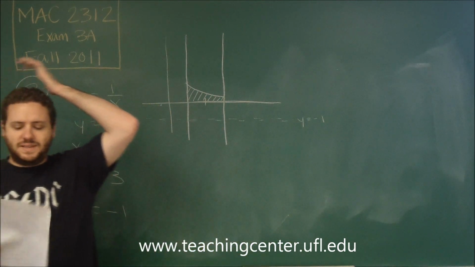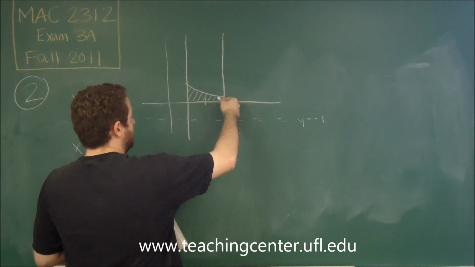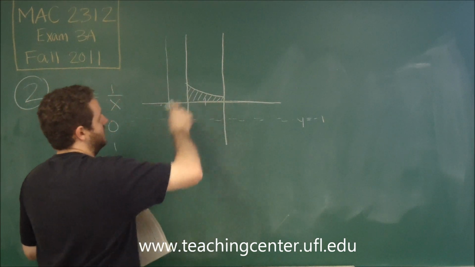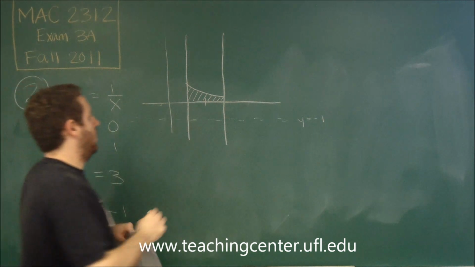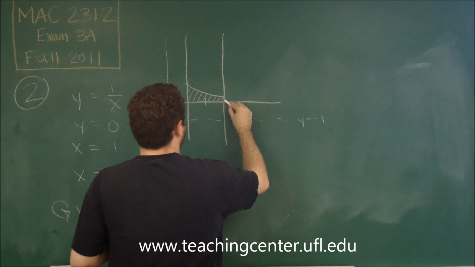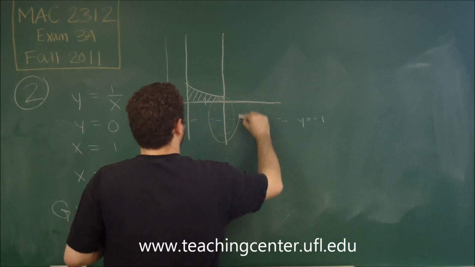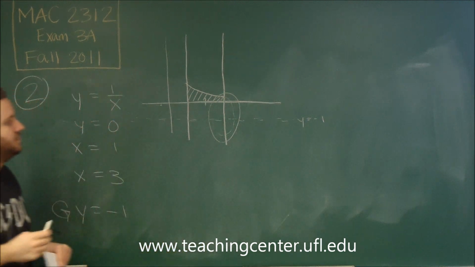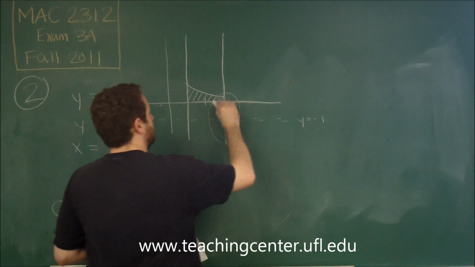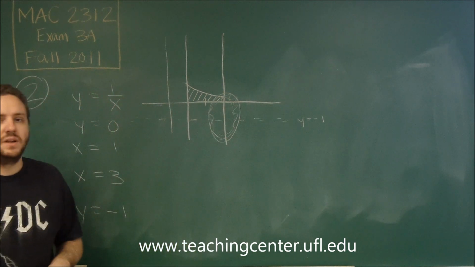So if we're going to use the standard washer method, you can see that in every sliver that we cut of this area, our final result is going to look like a washer, because we're going to have two rings, and we're only interested in the area of the outer section, not the intersection.